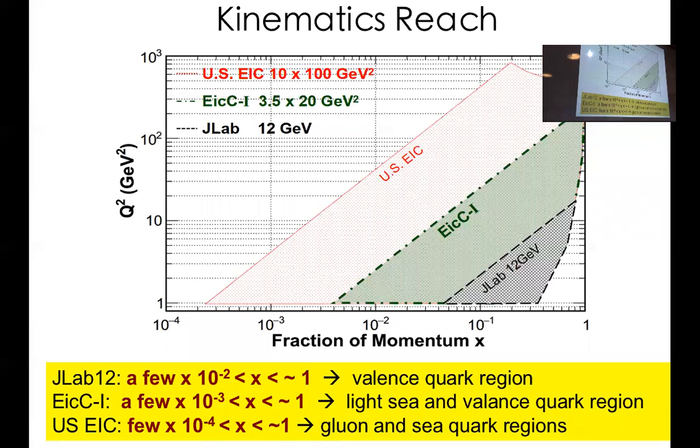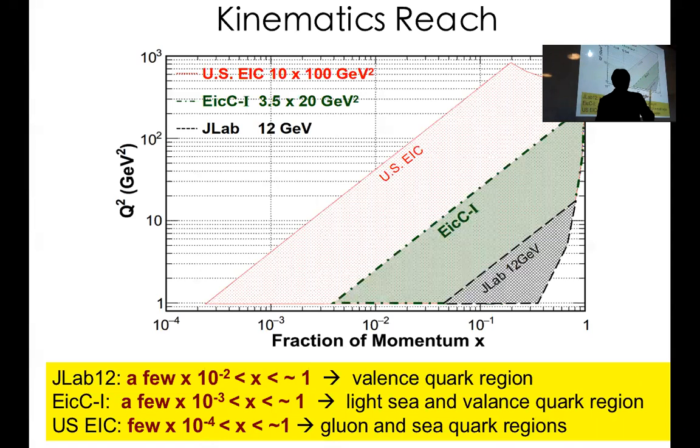So look at the x range. JLab is focused on the high x region, where JLab 12 GeV does a very good job.